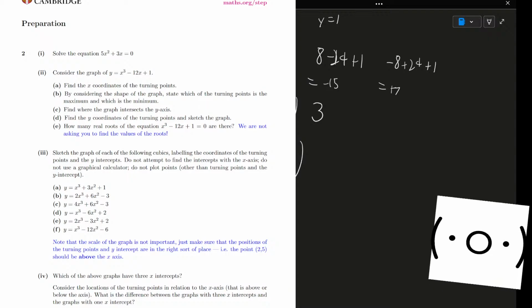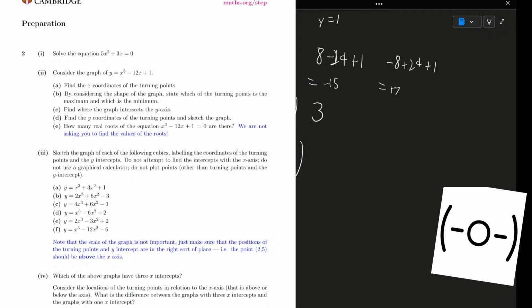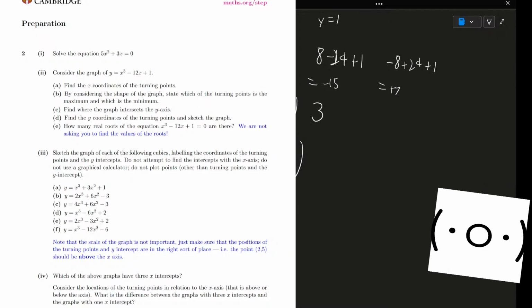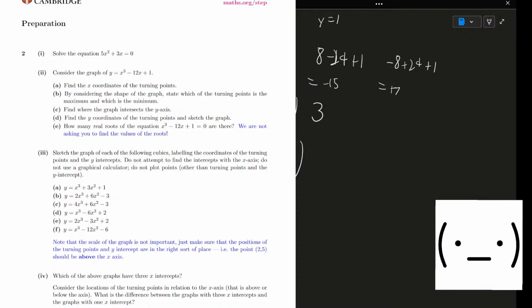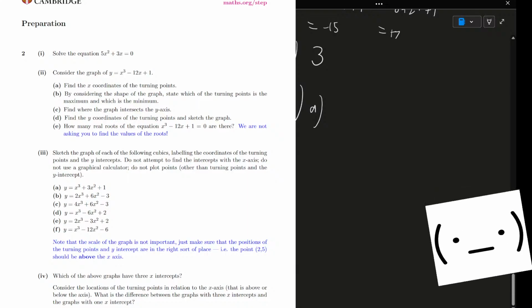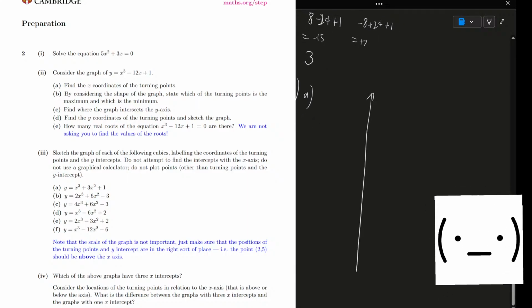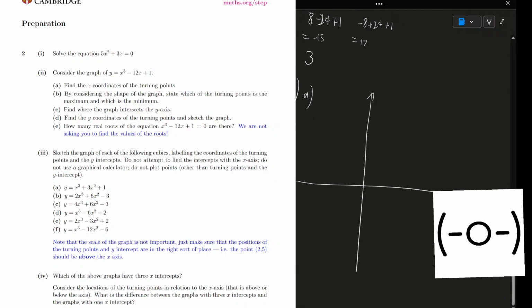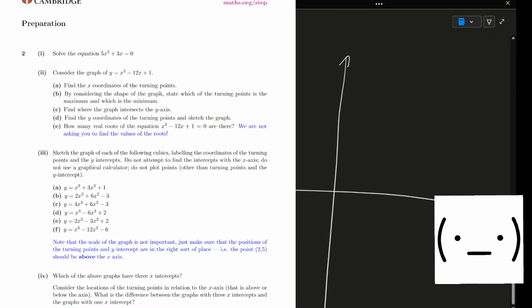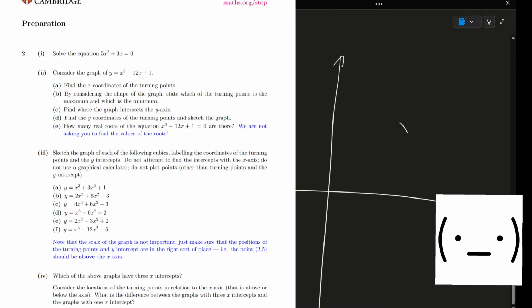Do not plot points other than the turning points and the y-intercept. Okay, so this promises to be laborious and somewhat boring, which is good for me because I'm really sleepy right now and I don't think I can handle something harder. There's a double root.